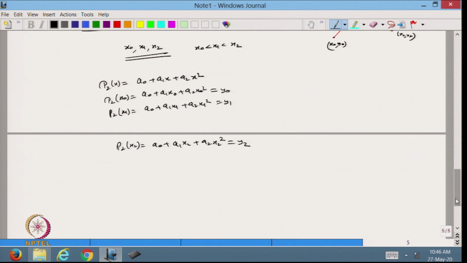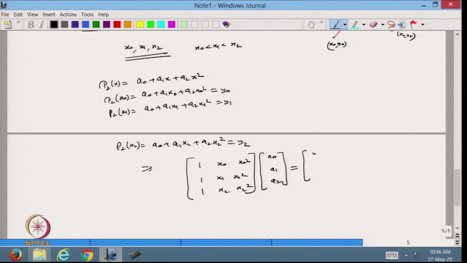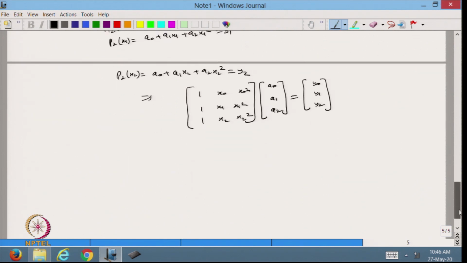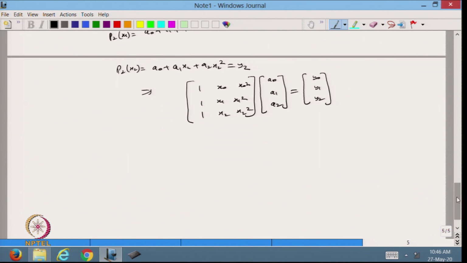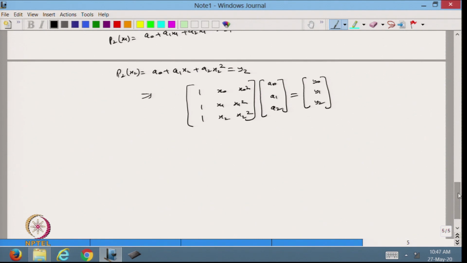And now from here I will get this matrix. So this is 1, x0, x0 square; 1, x1, x1 square; 1, x2, x2 square, multiplying the vector a0, a1, a2, and this is my y0, y1, y2. So this is the corresponding system of equations we are getting.